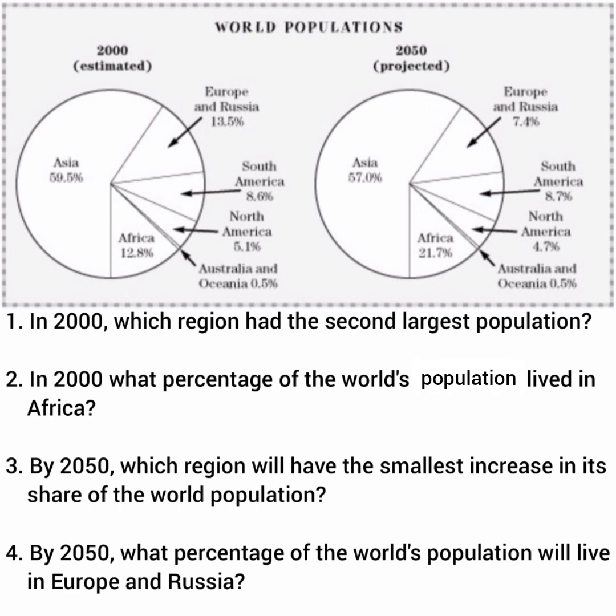Number 3, by 2050, which region will have the smallest increase in its share of the world population? And number 4, by 2050, what percentage of the world's population will live in Europe and Russia?